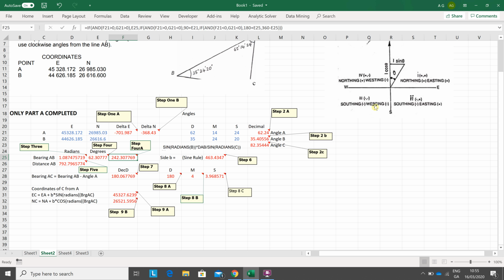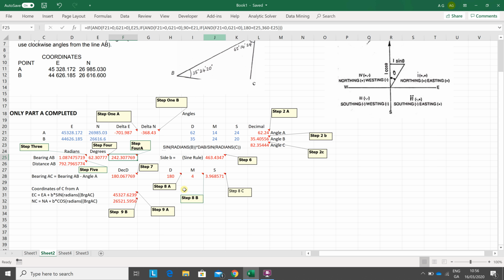Easting and northing both negative, we're here. And here the easting is negative and the northing is positive, we're in quadrant 4.